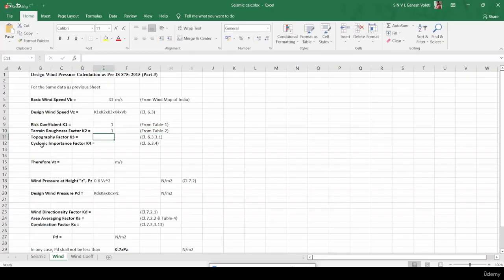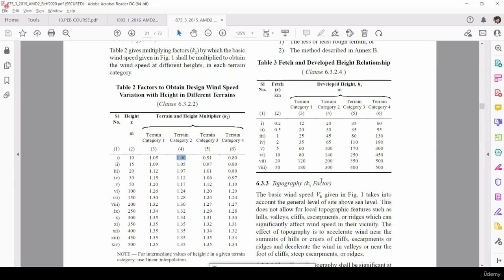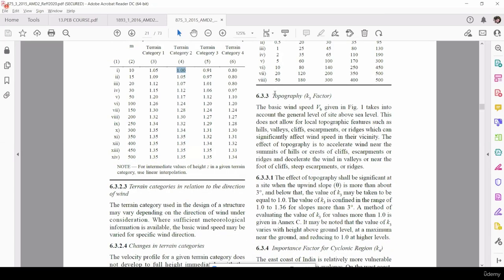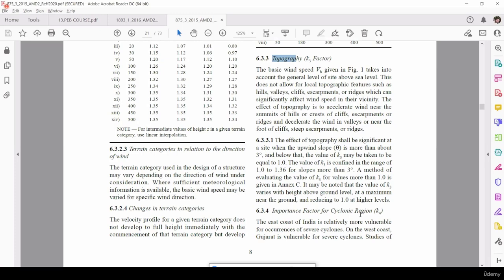Okay, and then go to the topography factor K3, mentioned in clause 6.3.3. The effect of topography shall be significant at a site when the upwind slope is more than about 3 degrees.